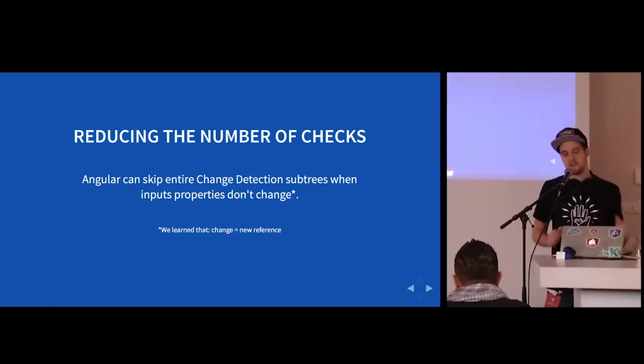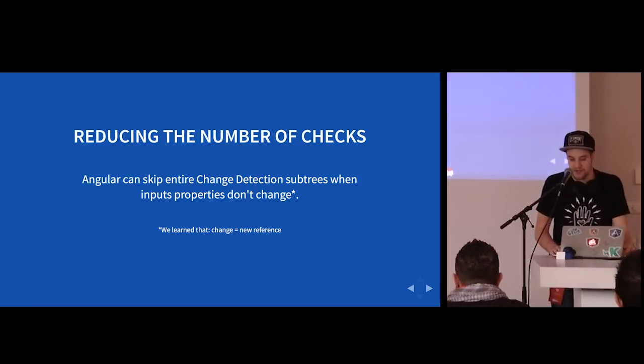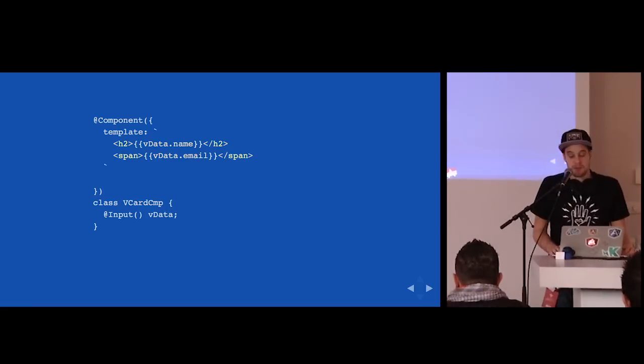So if we use immutable data structures, we know that certain objects return new references when they change. If we could tell Angular, please check this component only when the reference changes, then we could skip a subtree of the change detector tree. And we can do exactly that.